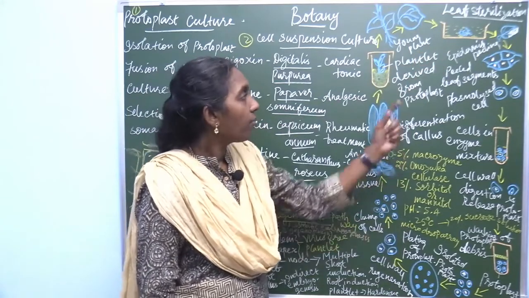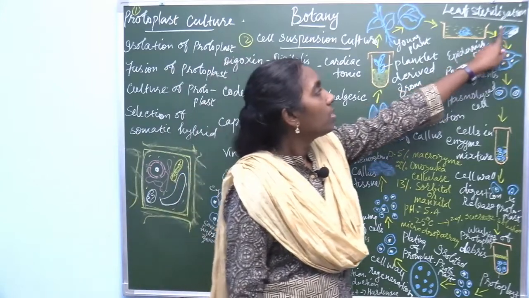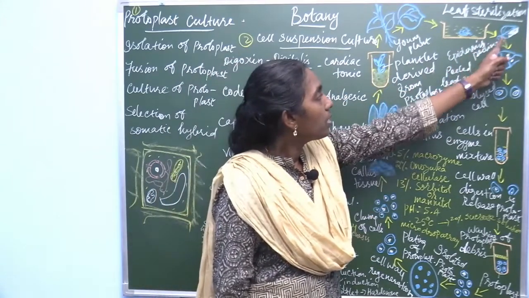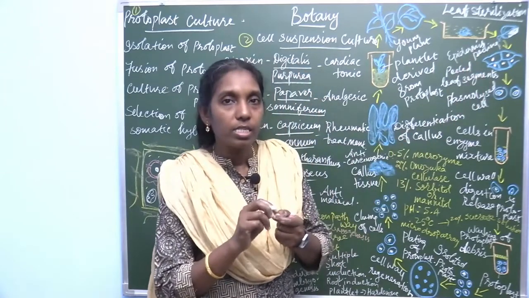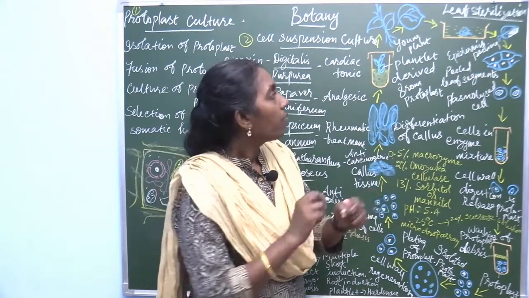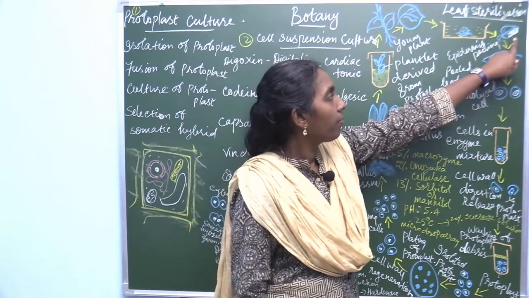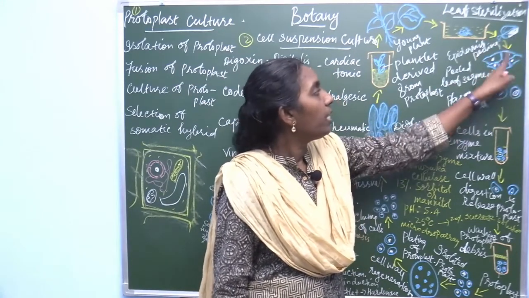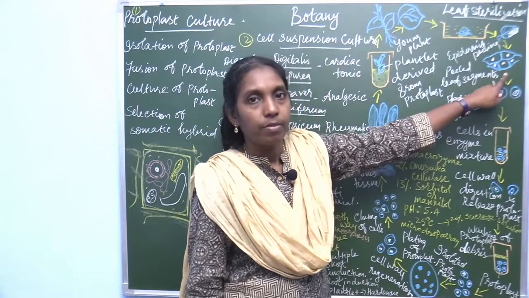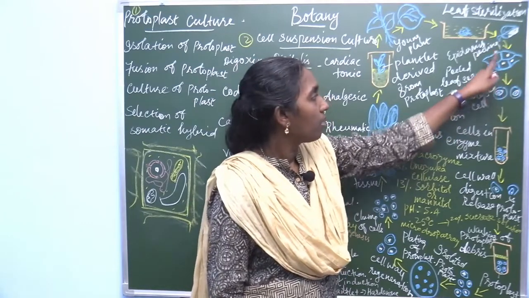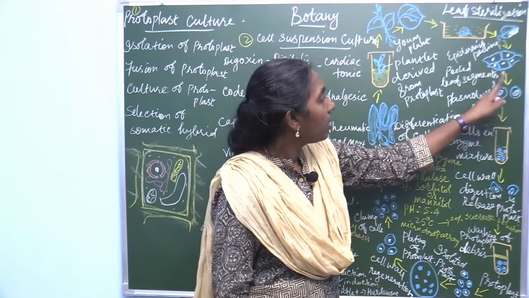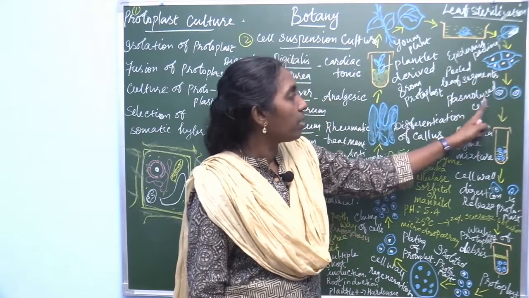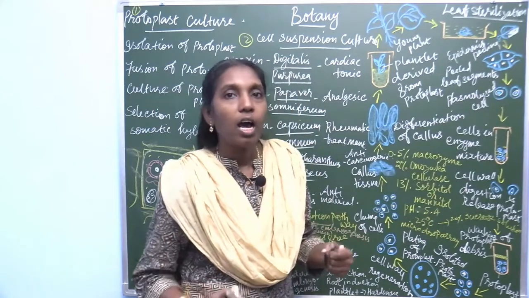And now this leaf becomes soft, and from this leaf the epidermis can be peeled off. When you peel off the leaf epidermis, you may get this type of peeled leaf segments. Here the cells can be visible, and from this peeled leaf segment the protoplast can be isolated.